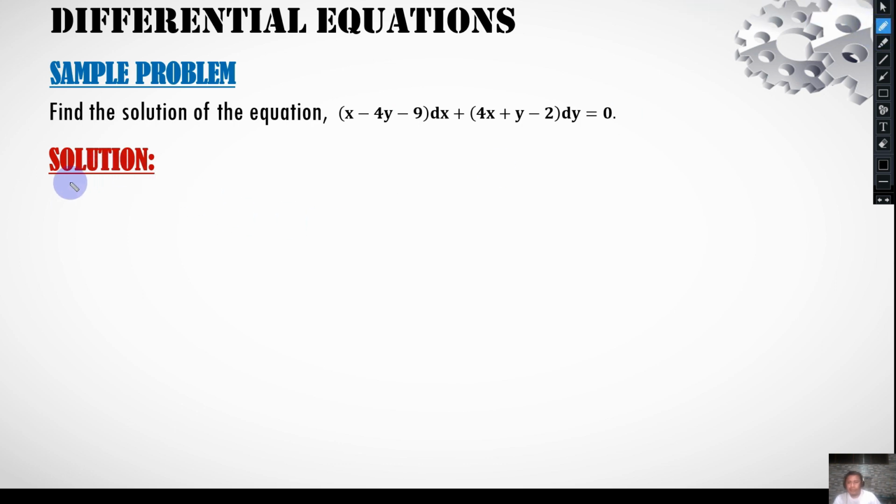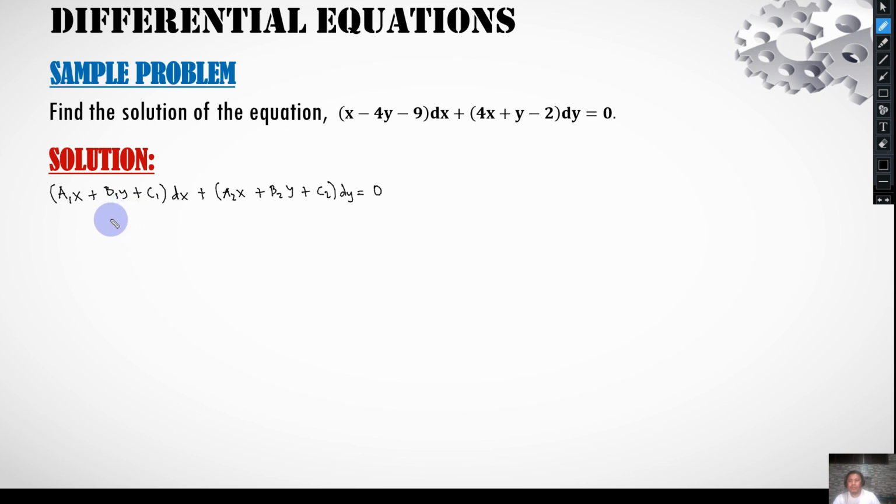So, we have now this standard form: a sub 1 x plus b sub 1 y plus c sub 1, and this is quantity dx plus ito namang isa na a sub 2 x plus b sub 2 y plus your c sub 2 dy is equal now to 0.